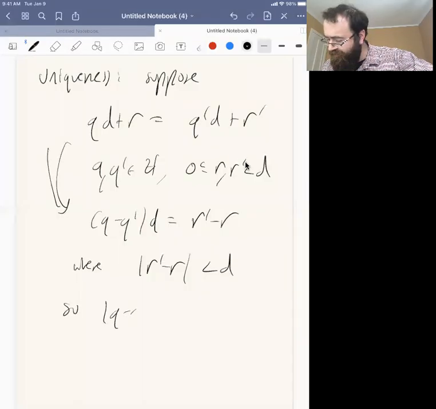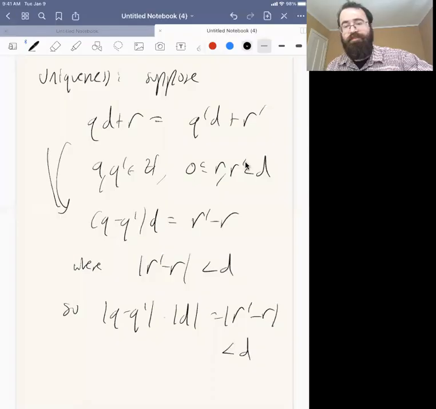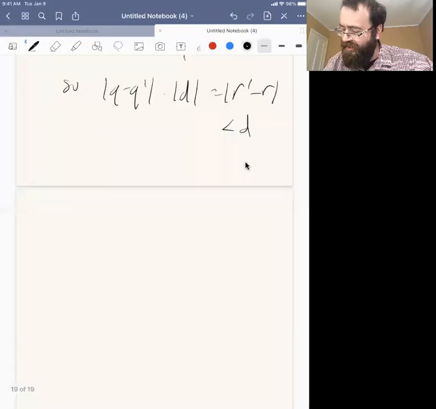So absolute value of Q minus Q prime times absolute value of D is equal to absolute value of R prime minus R, which is less than D. But that's a problem, because now we're saying that some natural number times D is less than D. So that only makes sense if Q minus Q prime is 0. You just stare at that equation for a second.